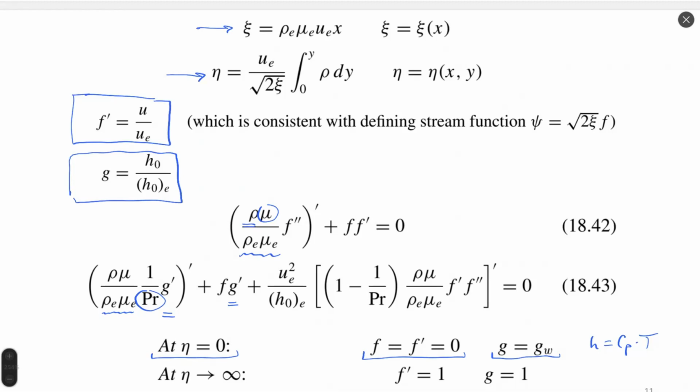And for infinite eta, flow outside or on the edge of the boundary layer, we said that velocity would be equal to external velocity and temperature would be equal to external temperature, when enthalpy at a specific point would be equal to the enthalpy on the edge of the boundary layer.